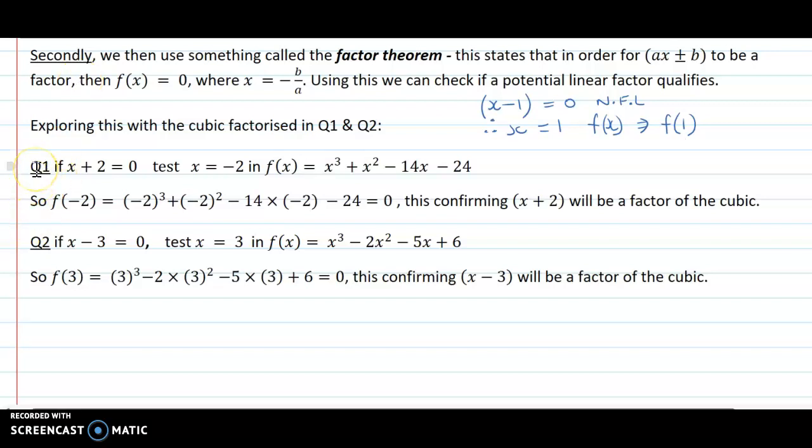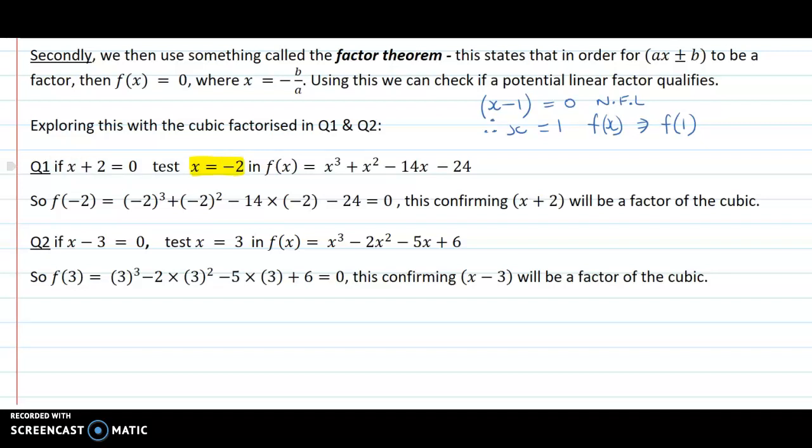Okay, let's come back to the two examples we're looking at. I have a sneaking suspicion that x plus 2 equals 0 might be a factor. So what I would do is rearrange that, in that reverse null factor law thinking.